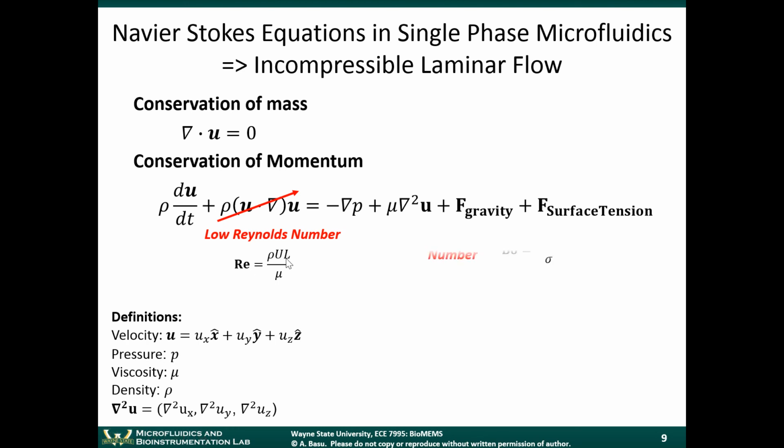This term here is the viscous force component. This term here is the inertial component. When you're at low Reynolds number, this term becomes insignificant. That makes the Navier-Stokes equations much easier to solve and work with, to the point where you have analytical solutions to it. Plug and chug type things. So this one goes away at low Reynolds number.